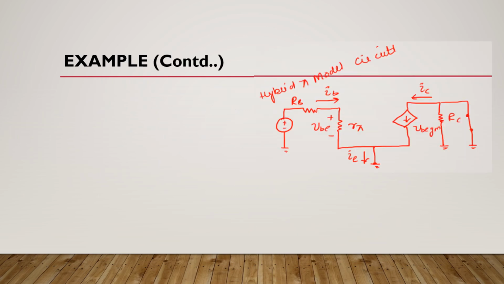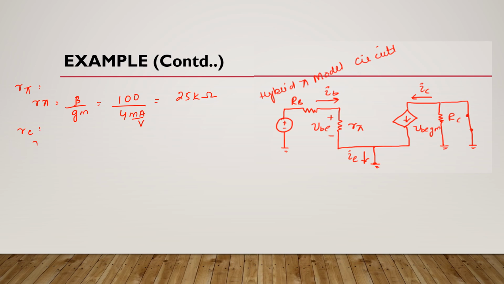Now we will find R pi. We know that R pi is equal to beta divided by transconductance. Here beta is 100 and transconductance is 4 milliamperes per volt. After solving this you will get 25 kilo ohms. Okay. Now we will find Re.